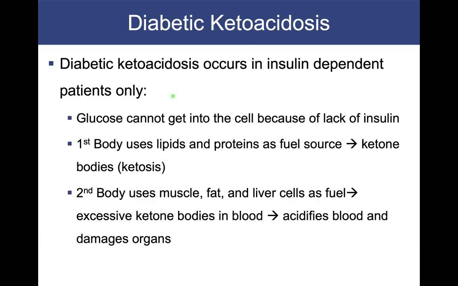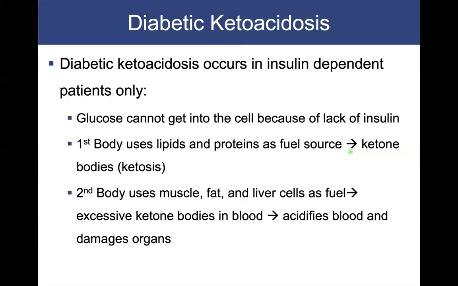The last thing is diabetic ketoacidosis. So if you are diabetic, glucose can't get into the cell because you have a lack of insulin, right? So your body cells are going to use lipids and proteins as a fuel source. They're going to make ketones, right?